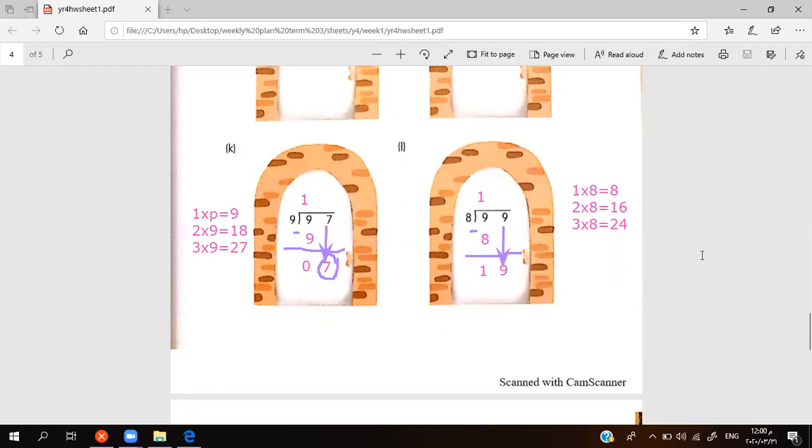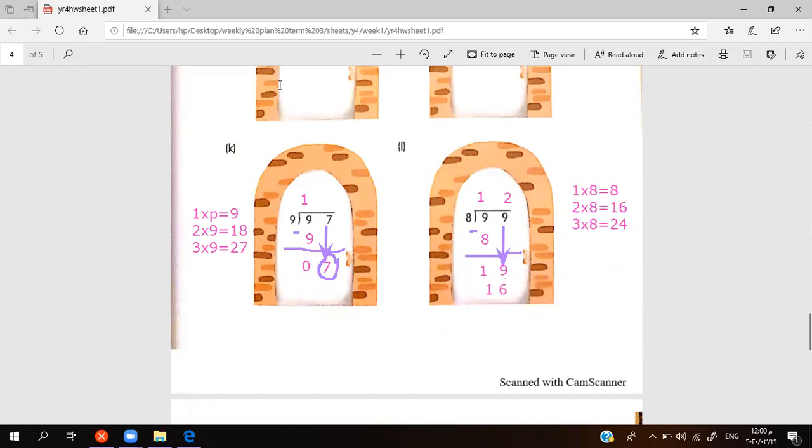what times 8 gives me a 19? From the answers that you see, there's no 19. The number just before it is the 16. So I will make 2 times 8. I'm gonna write up 2 times 8 and write my answer, which is the 16.